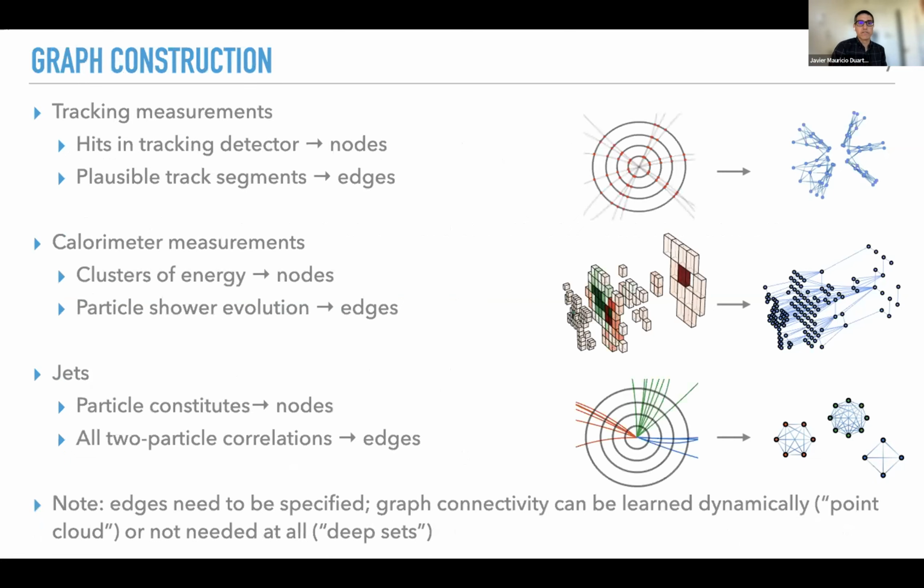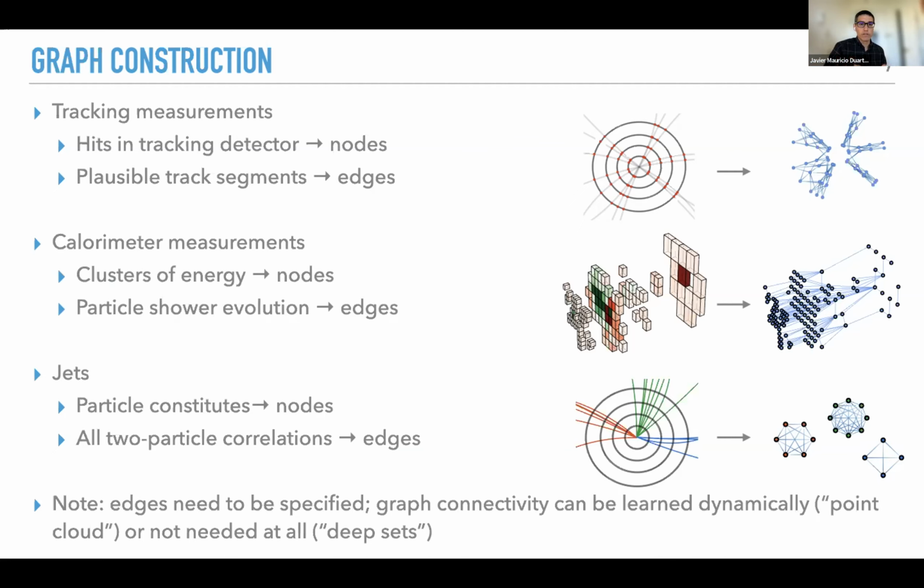Yeah, so in particular for tracking, in the graphs you might construct, the hits in the tracking detector can be the nodes, and plausible track segments can be the edges. In this case, you want to not have a fully connected graph where you connect all the nodes together, especially because the computational scaling would be really bad.